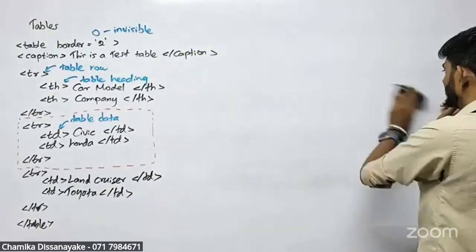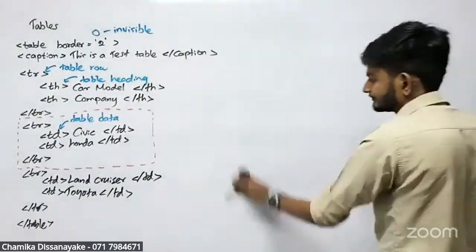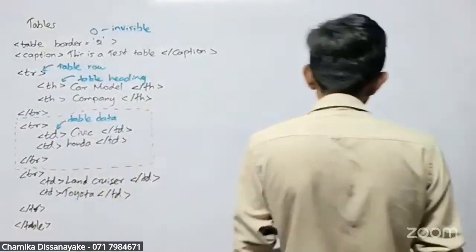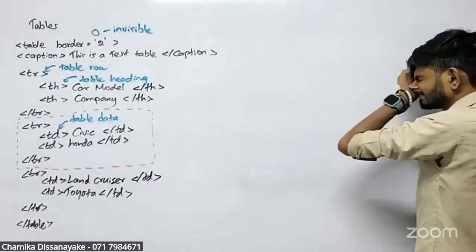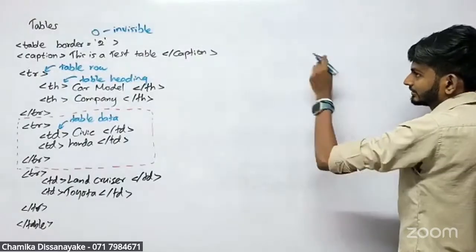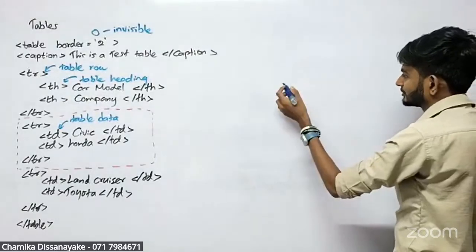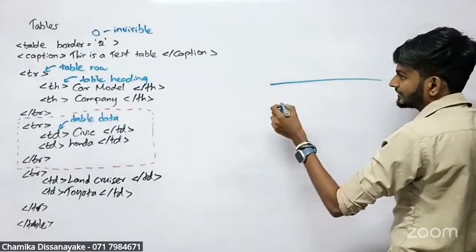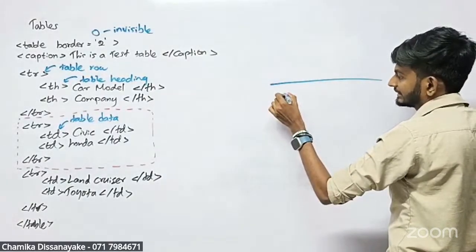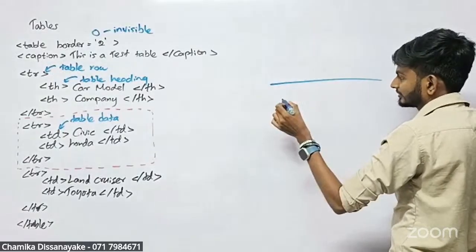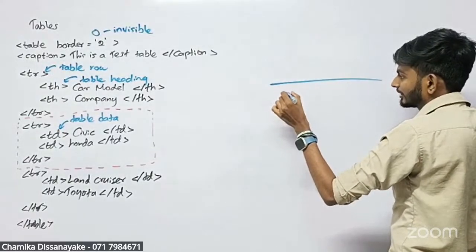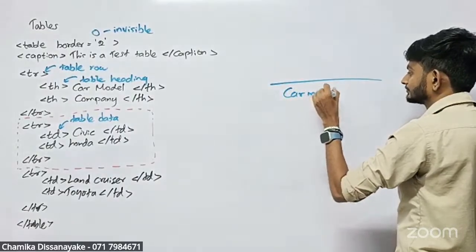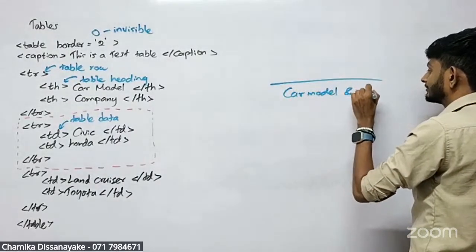So first of all, let me draw the table. So skip the caption. I'm not going to write the caption. So here we had car model and company. There are two differences. So here I'm going to write one cell: car model and company.